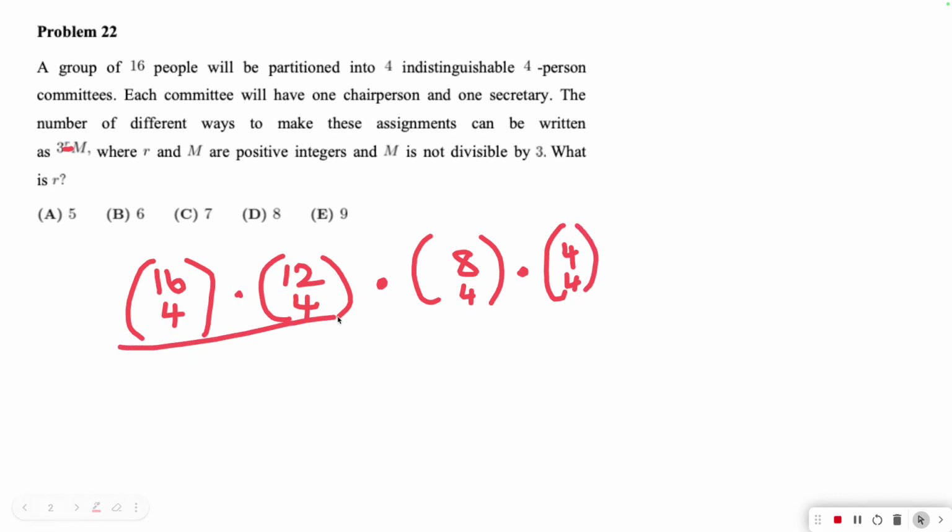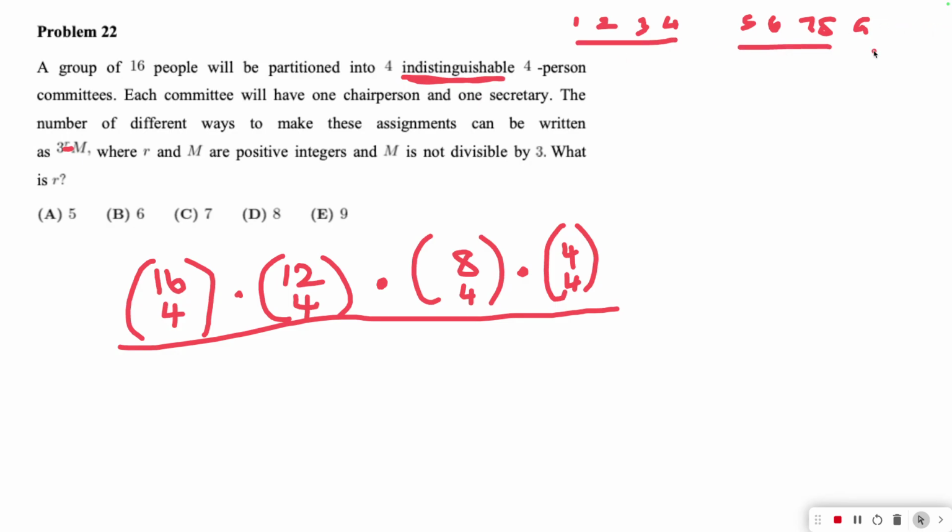Alright, so this is the number of ways to make the four-person committees, but realize that they are indistinguishable. Let's just name the people 1, 2, 3, 4, and then 5, 6, 7, 8, and so on. If we split them up like that, we realize that we can reorder these.